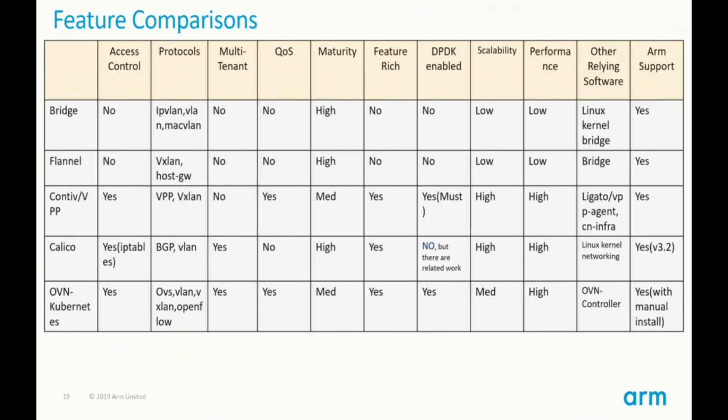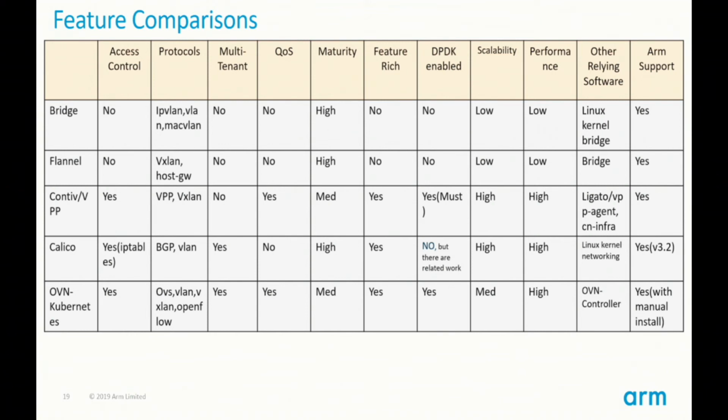This table gives an initial comparison of the features. I think all the solutions are supported on ARM nowadays, so we can use all of them for Kubernetes networking on ARM.